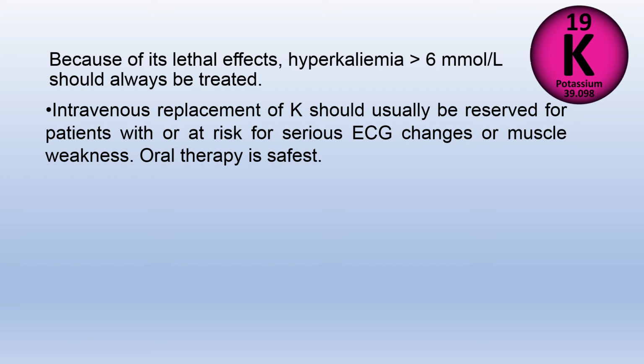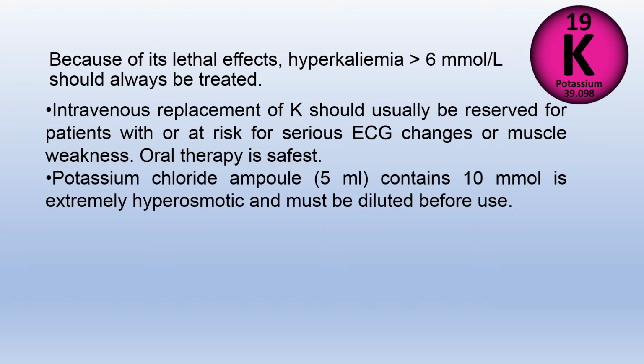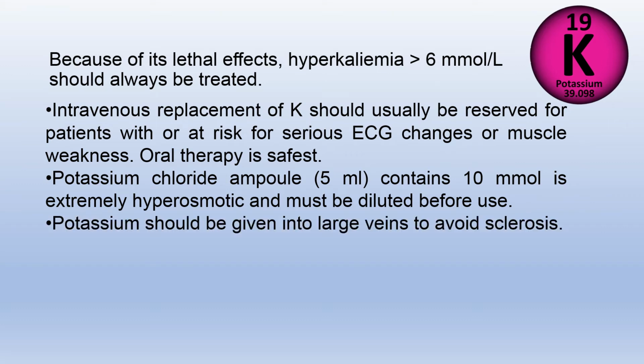Intravenous replacement of potassium should usually be reserved for patients with or at risk of serious ECG changes or muscle weakness, i.e. oral therapy is safest. Potassium chloride ampoule 5 ml contains 10 millimole, is extremely hyperosmotic and must be diluted before use.